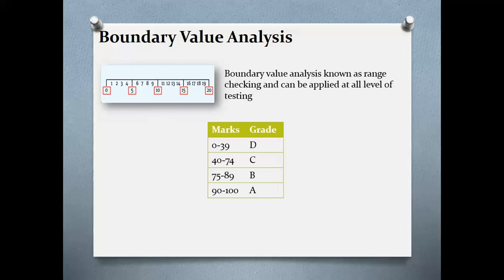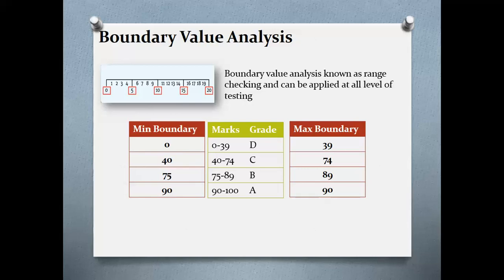In this case, the boundary values for the first partition in this example are 0 and 39, with 0 as the lowest boundary and 39 the highest. Similarly, marks specified at the edges of the other partitions become boundary values for the remaining partitions.